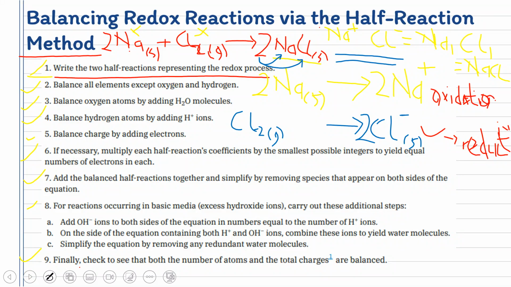Okay. So sodium undergoes oxidation, chlorine undergoes reduction. These are the 2 reactants, and this is how we know which one is there. So once sodium undergoes oxidation, sodium becomes the reducing agent or reductant. Chlorine is undergoing reduction, so chlorine becomes the oxidizing agent or the oxidant.